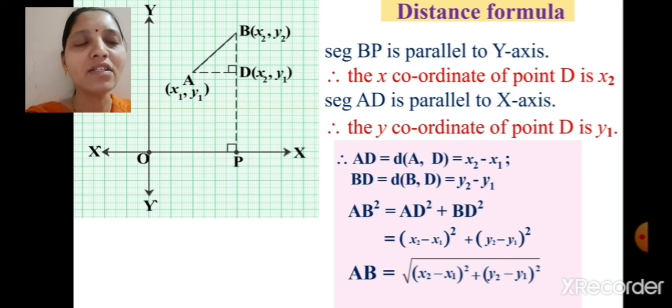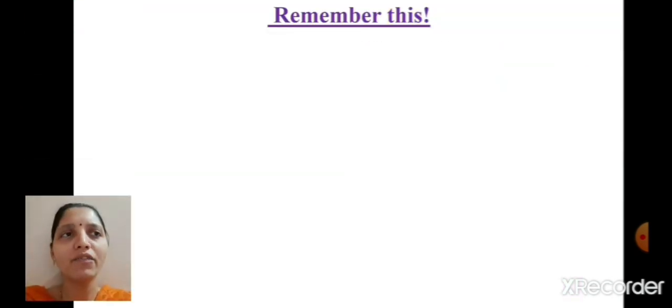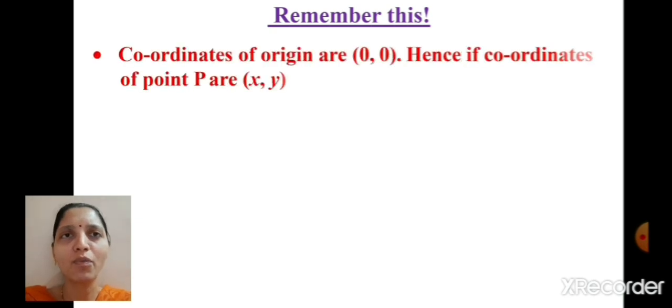Okay. And this formula is known as the distance formula. Now let's see the summary of this session. So what we have learned? First point, the coordinates of origin are 0, 0, that is x coordinate is 0 and y coordinate is also 0.